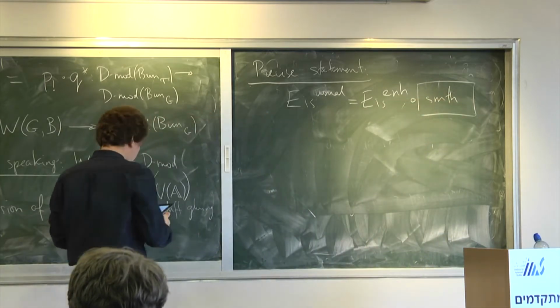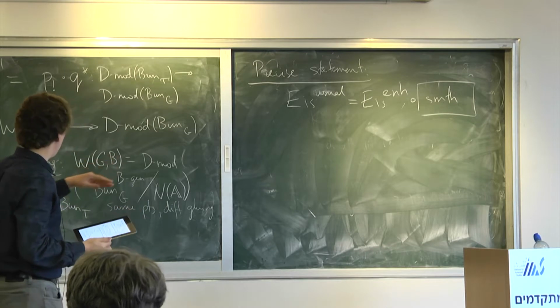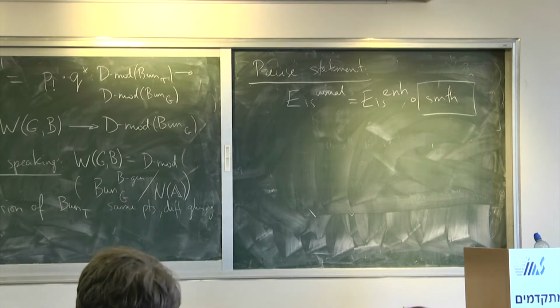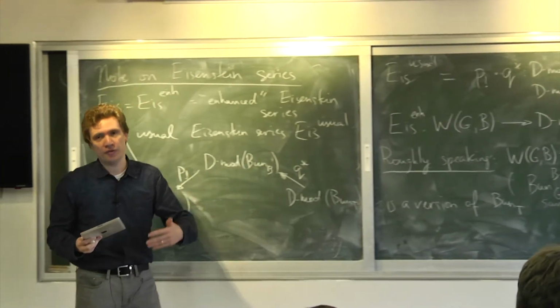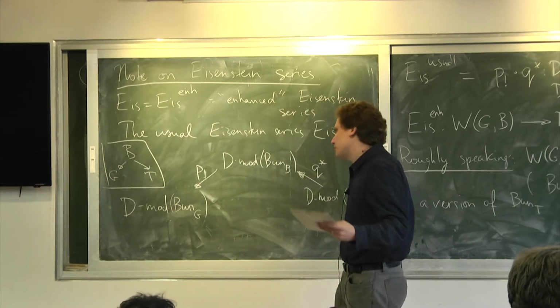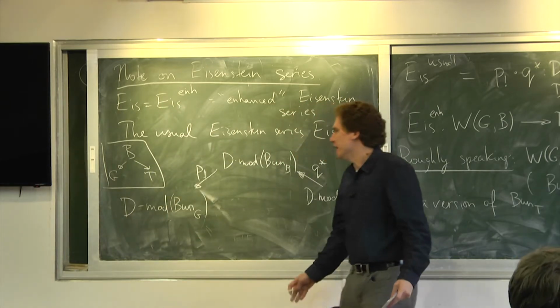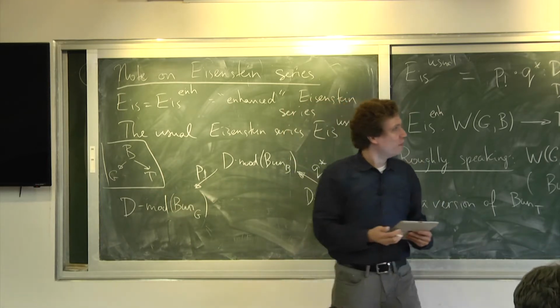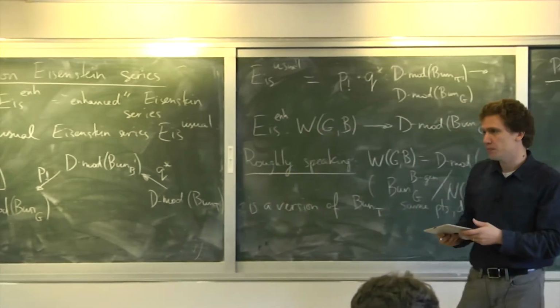And moreover, their images generate the same category in Bun_G. So if you want to make sense of the space of Eisenstein series inside the space of automorphic forms, it doesn't matter which one you use.